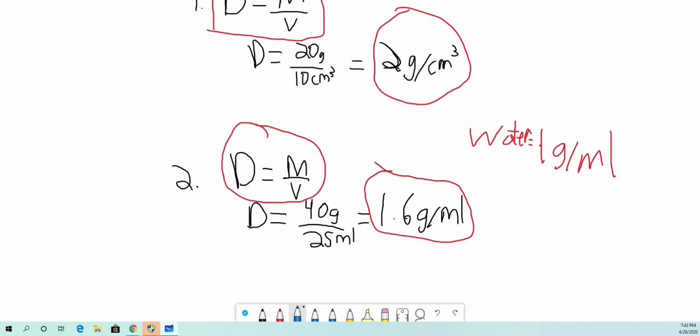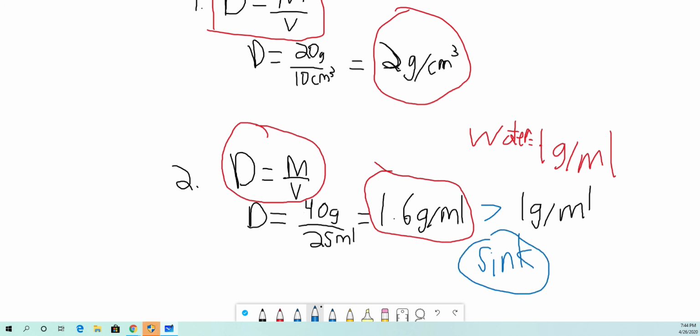Because this density is greater than my density for water. And like we learned, because my object's density is greater than the liquid's density, that object is going to sink. So there you have it. We now know how to calculate density, and we know how to connect it to putting objects in liquids and determining whether they sink or float.